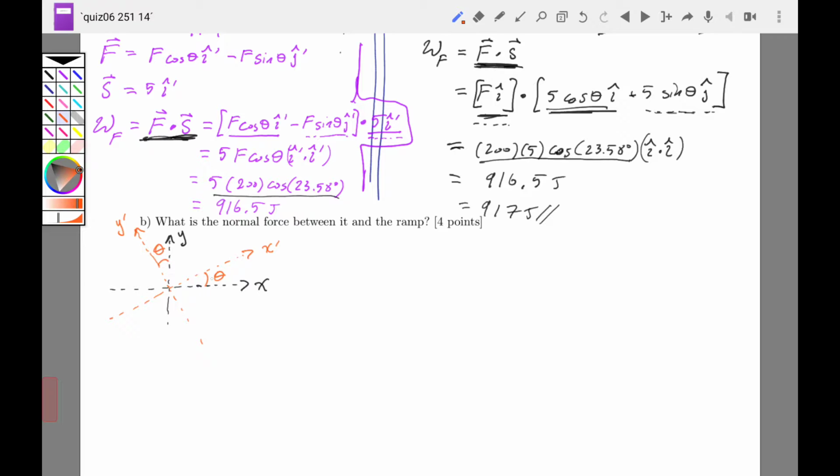I mean, they have to be. If that's theta, this is theta. The dot represents the block, and then we have a normal force, the weight, then the applied force, F.